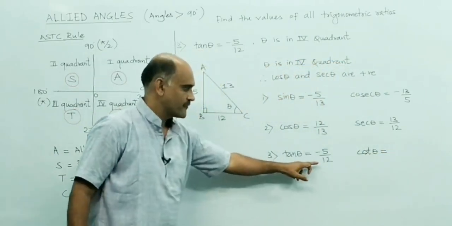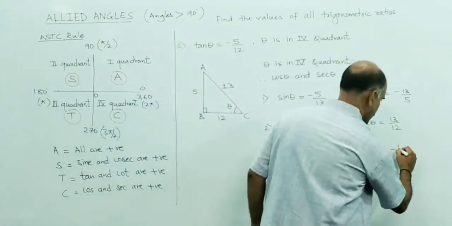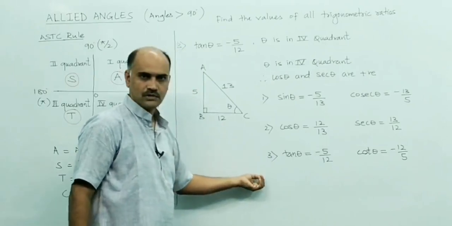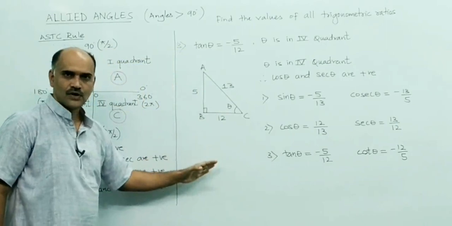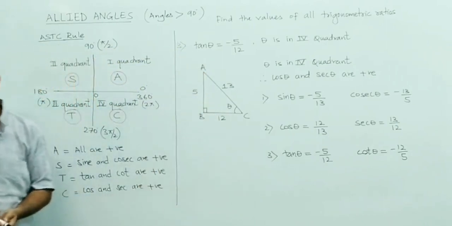The reciprocal will be 12 by 5 with a minus sign, so cot theta is equal to minus 12 by 5. Clear students? Pause, note the steps, and I will be giving two problems. You can solve them on your own.